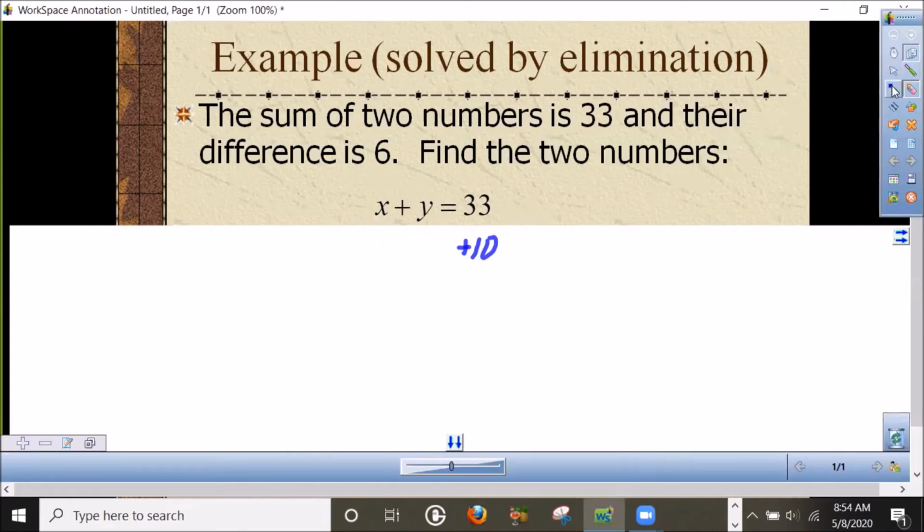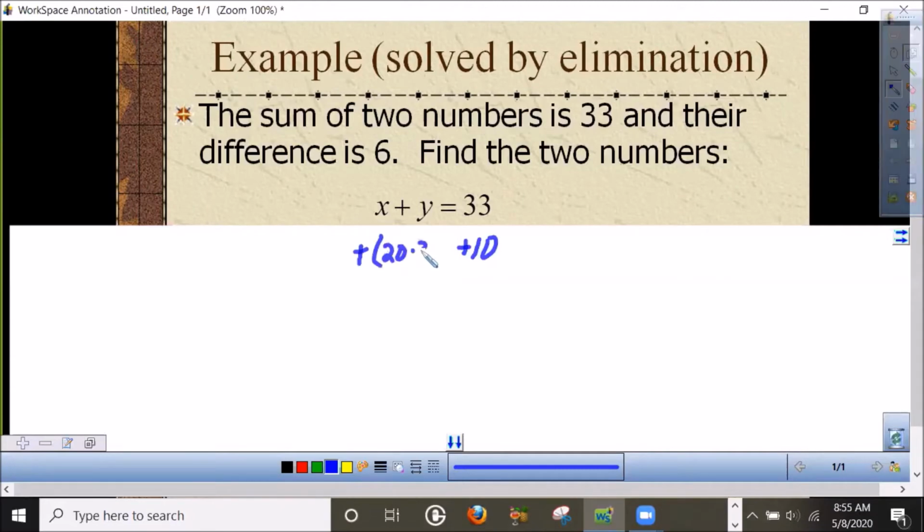Could I add 10 to one side and add 13 minus 3 to the other side? Again, yes. Could I add 10 to one side and 20 times 3 to the other side? Well, of course, the answer is no in this case, because 10 is not the same as 20 times 3. Let me ask just a couple more.